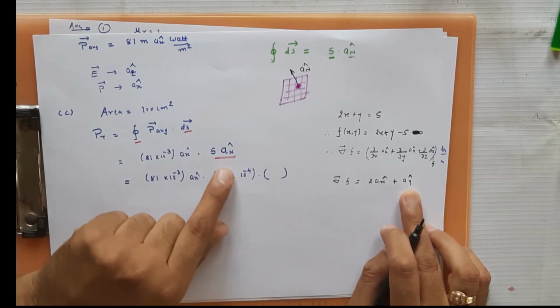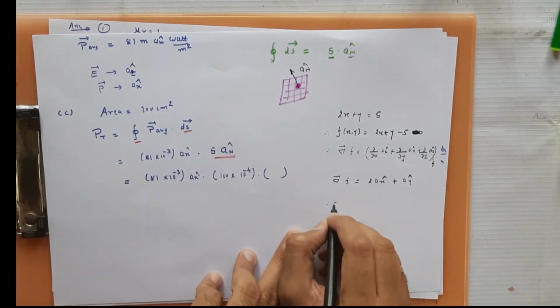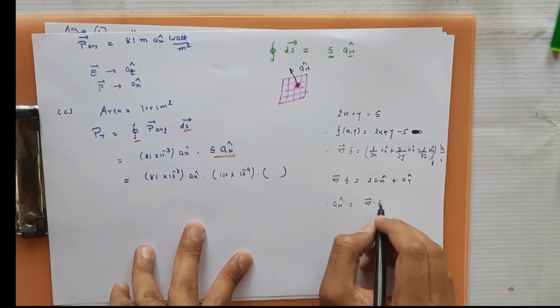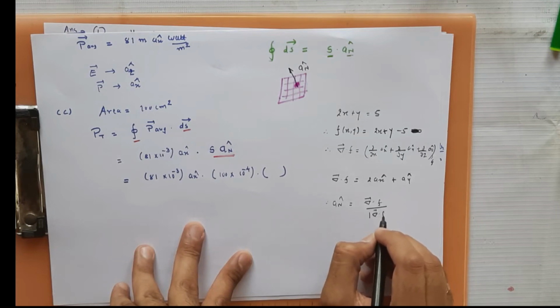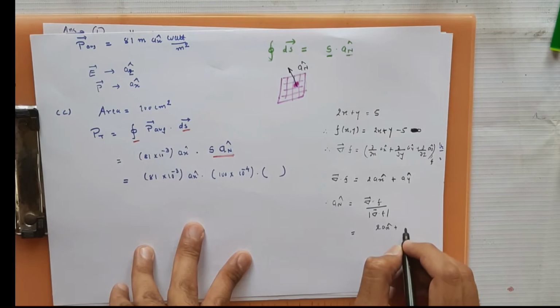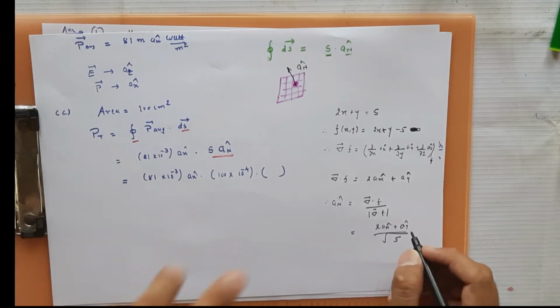Okay, so this del of f is nothing but the vector which is perpendicular to the surface. But actually what we want is a unit vector which is perpendicular to the surface. So the unit vector which is perpendicular to the surface is the vector upon its modulus. Okay, so it is nothing but 2ax plus ay upon under root of 2 square plus 1, so this is root 5.